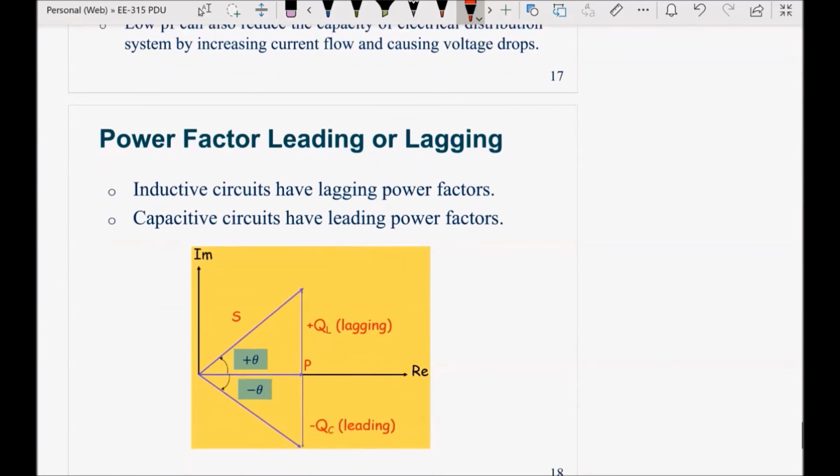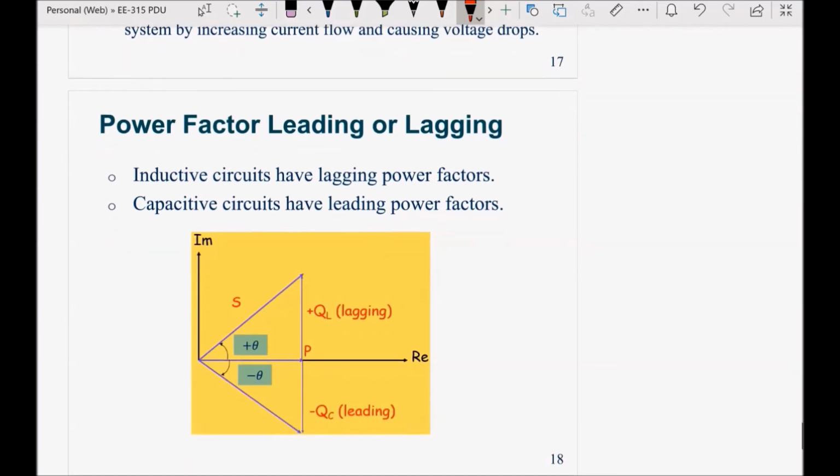In this slide, this is the simple representation of a power factor when calculated for pure inductive or capacitive circuits. And it completely depends on the degree of phase by which the current lags or leads the voltage, which is cos of phi.